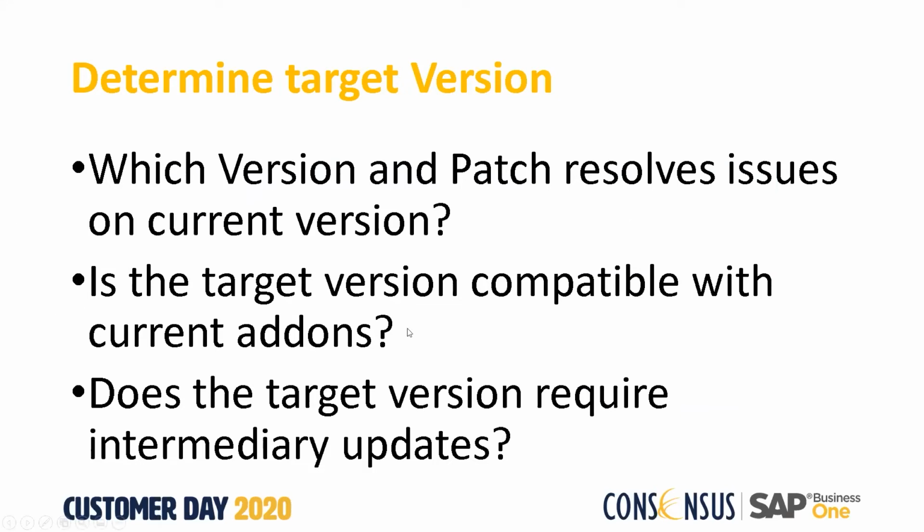But we do have some limiting factors there, which are, well, does the new version that we're going to support any add-ons that we're running? So if you have customizations or external solutions that you purchase from other vendors or ourselves, it's possible that those lock you into a specific version. So this is all part of the process where we initially do a bunch of planning before we start working to make sure that we choose the right target version to go to.